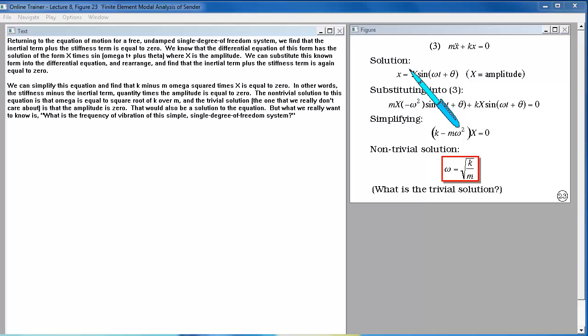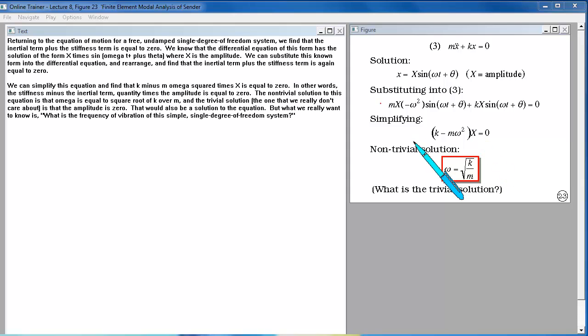We can substitute this known form into the differential equation and rearrange and find that the inertial term plus the stiffness term is again equal to 0. We can simplify this equation and find that k minus m omega squared times x is equal to 0. In other words, the stiffness minus the inertial term, times the amplitude, is equal to 0.